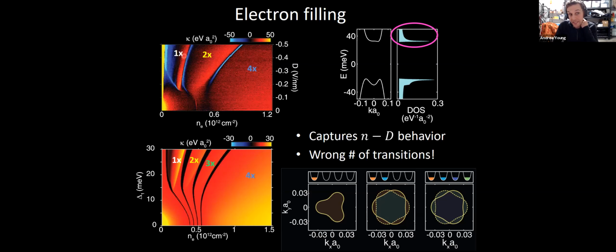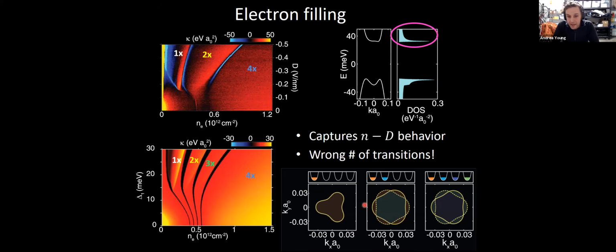So in experiment, we see a one-fold degenerate Fermi surface, a two-fold degenerate Fermi surface, and a four-fold degenerate Fermi surface. But so far, it has been very difficult theoretically, including doing more sophisticated Hartree-Fock type calculations, to eliminate this tendency of the models to give you a three-fold degenerate Fermi surface, which is sort of an outstanding puzzle.